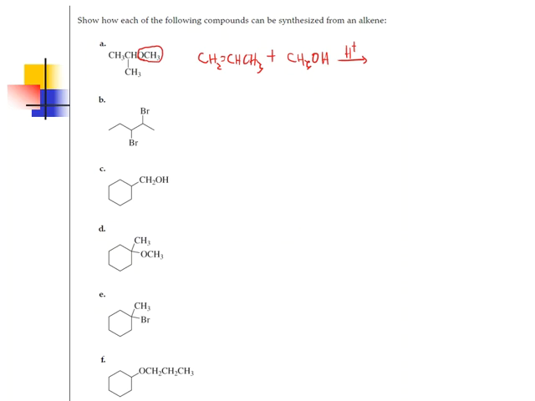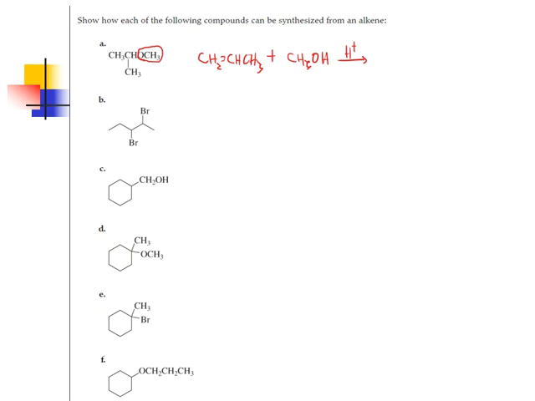And then this would open up a carbocation at this site. It can't really move. There's nowhere for it to move to. And the OCH3 would go on to that carbon. And that's exactly what we need. So, folks, we've just answered part A. That's all that we need it to do. So the proper alkene here is going to be 1-propene.